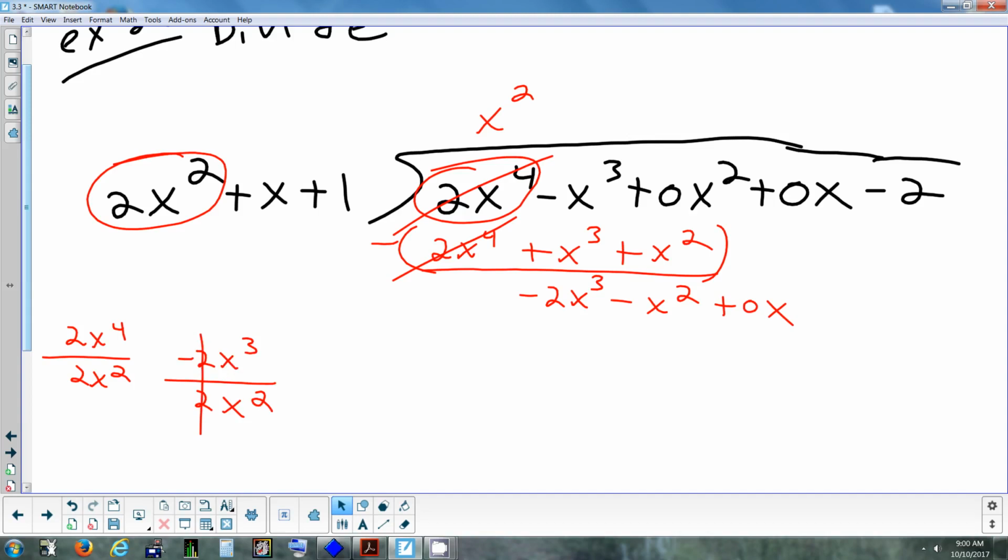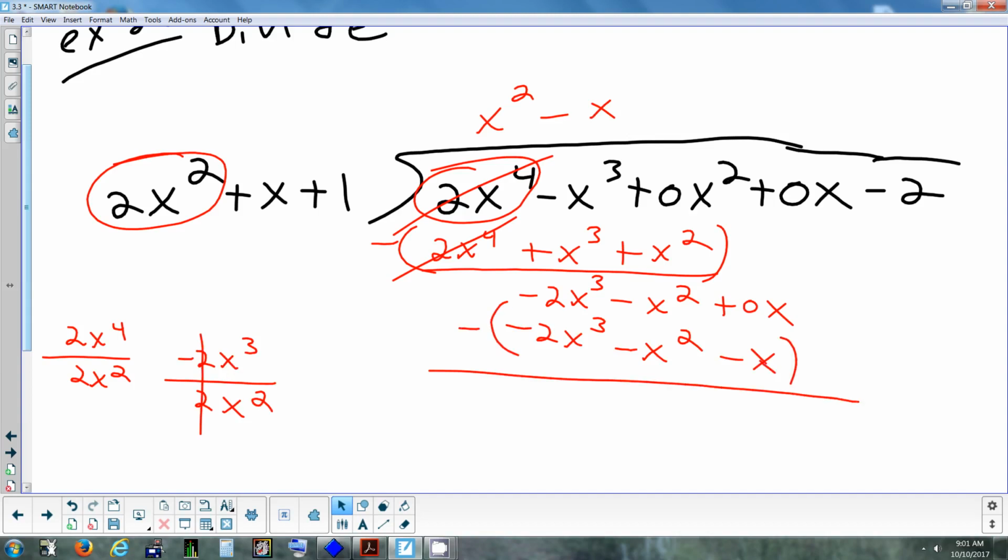And here's where you subtract your exponents when you divide, and then you have the negative left over. So negative x, let's multiply it out. Negative x times 2x squared. Negative x times positive x, which is going to work out really nice in a second. And then negative x times 1, negative x, and subtract. What's going to happen when I subtract here?